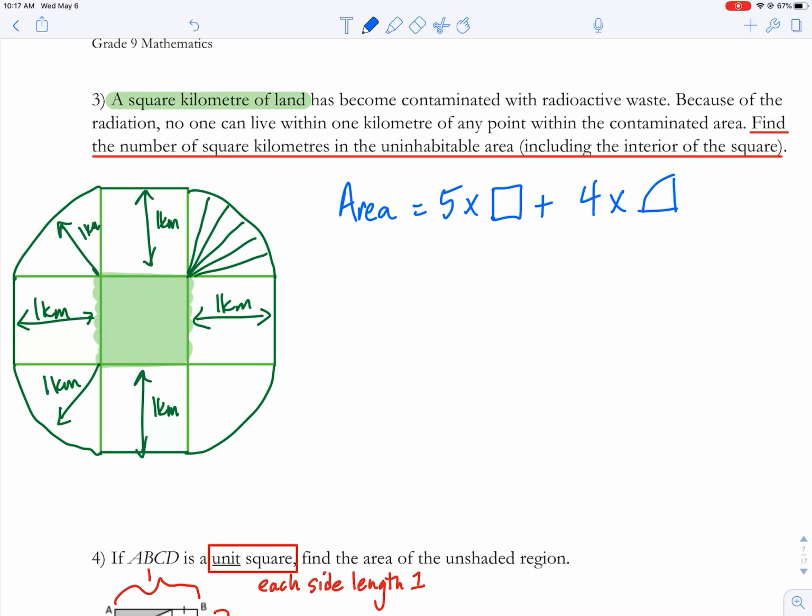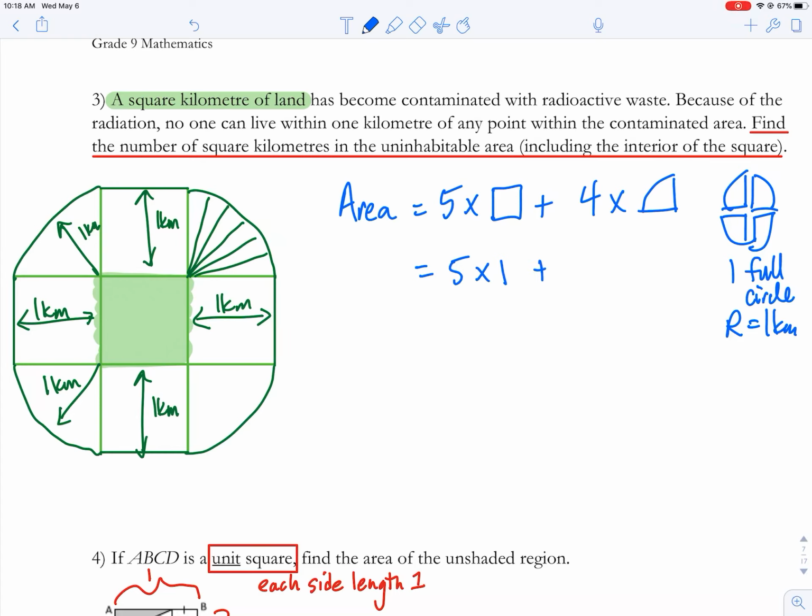Each square had an area of 1 kilometer squared, so that's going to be 5 times 1. For each circle, if I have 4 quarters, that's the same as saying 1 full circle with a radius of 1 kilometer.